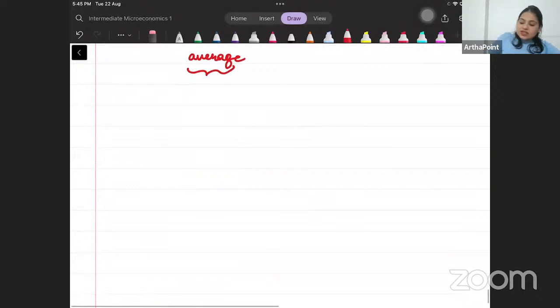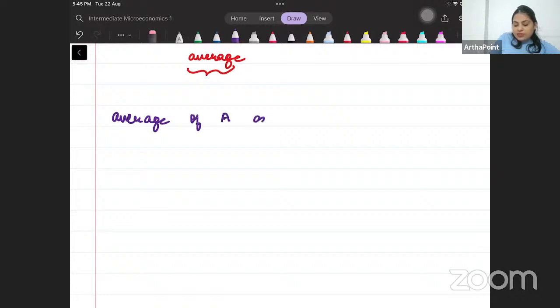Beta, if I ask you what is the average of A and B, तो average में हम A और B को equal and half का weightage देते हैं.